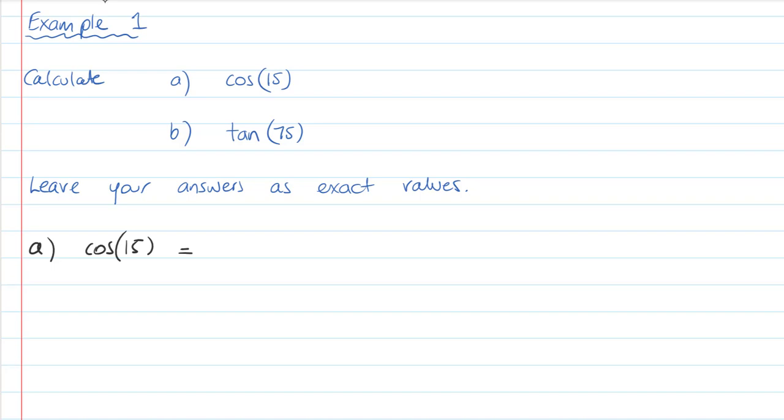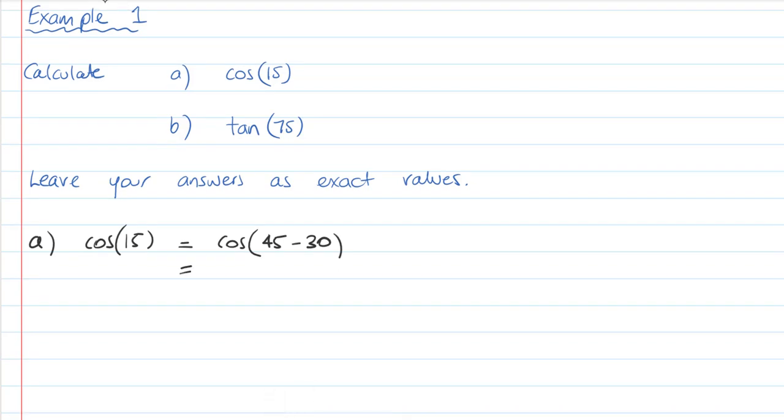I want you to recall that cos 15 is equal to cos of 45 minus 30. So we can get that direct relationship, which is going to help us. I'm going to expand that using one of our identities, the cos A minus B identity.